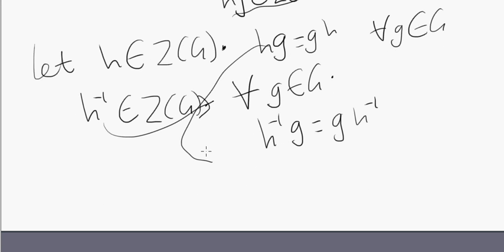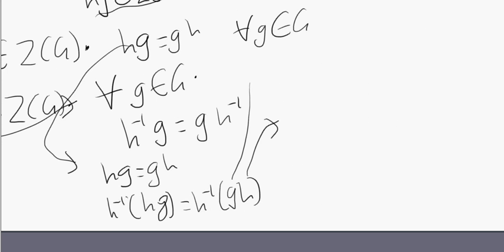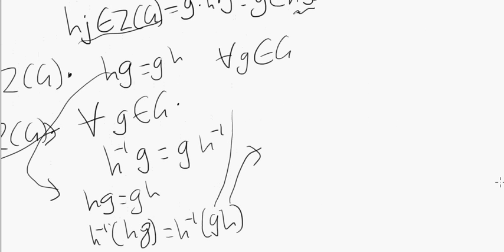This equation is our friend, because let me write it here. If Hg equals gH, right, then I can multiply the left hand side by H inverse. And now I have that H inverse times Hg equals H inverse times gH, right?